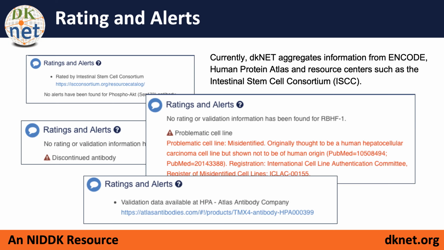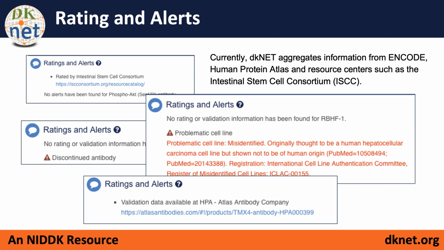So we're using the tools that we have to aggregate information, pulling that information together, and then trying to make it easily available via these resource reports, so that you can find that there is validation data available for a certain antibody, for example, here that's available via Atlas Antibodies at the Human Protein Atlas.